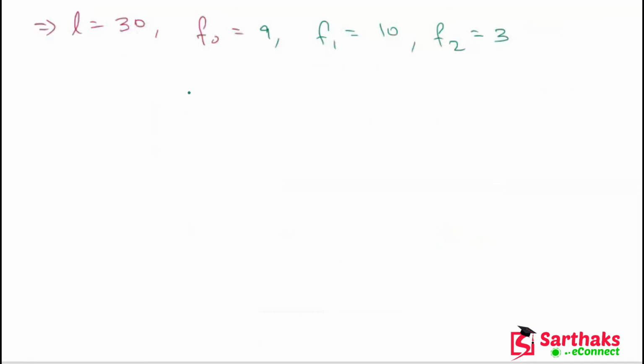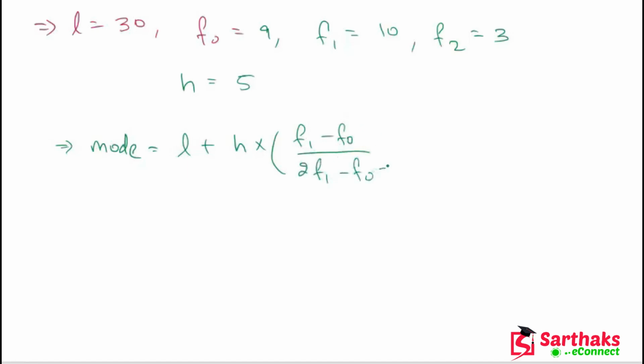Now what is H? H is the width, so this is 5. Now we put in the formula: L plus H into (f1 minus f0) divided by (2 f1 minus f0 minus f2).